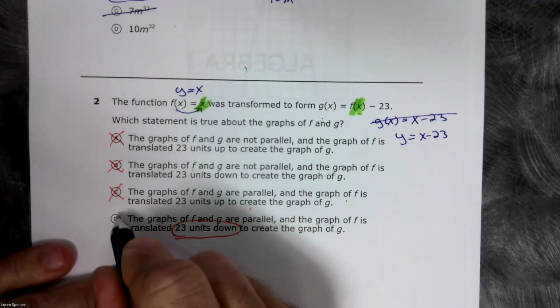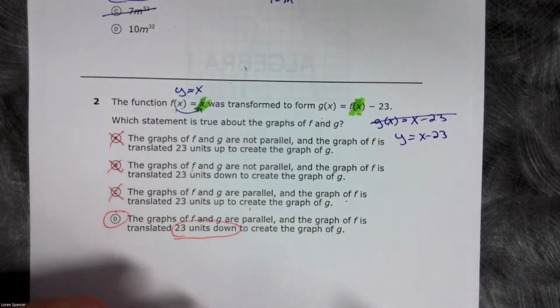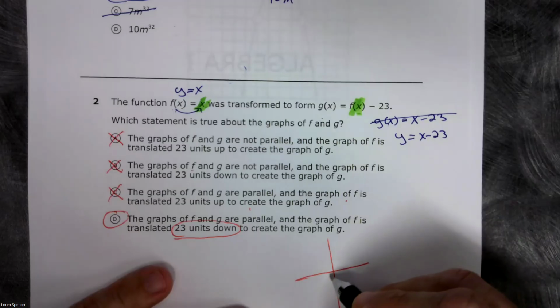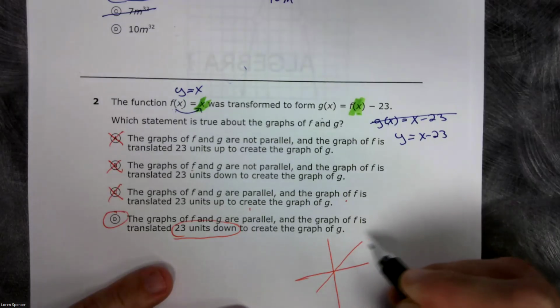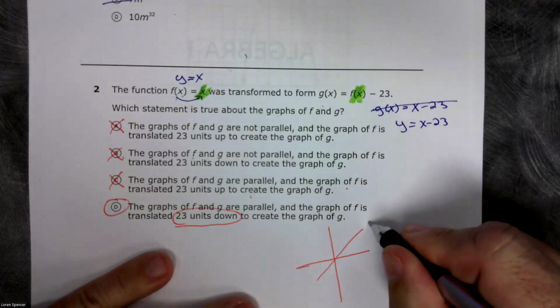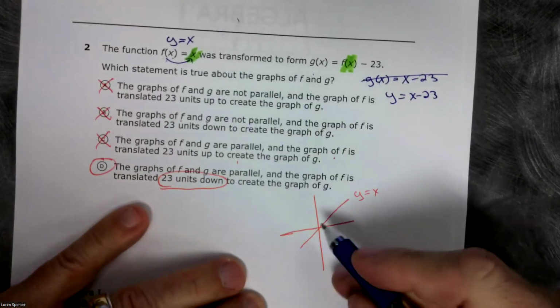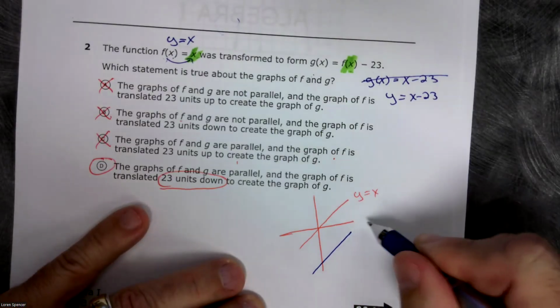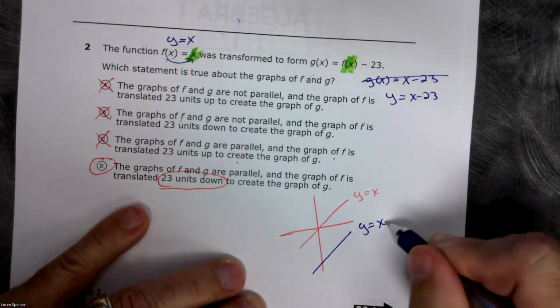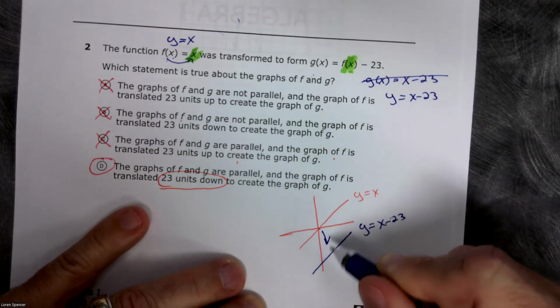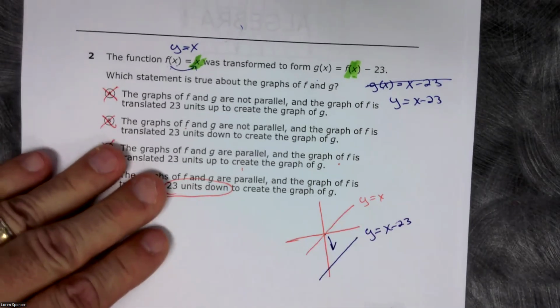So our answer to number 2 is D, because we had our original graph, and I'll try to draw it the way it showed up. It looked like this. This was the y equals x. And then we had the next graph, which was in blue, and that was y equals x minus 23. And so we went down 23.